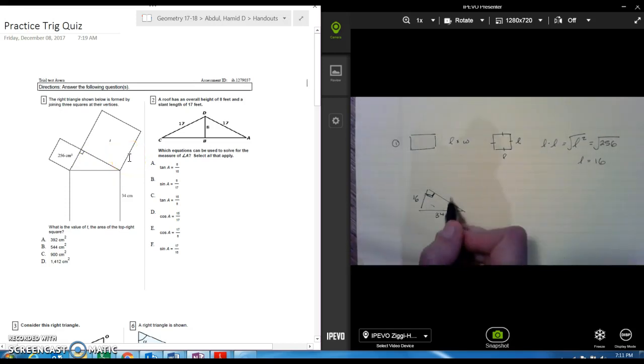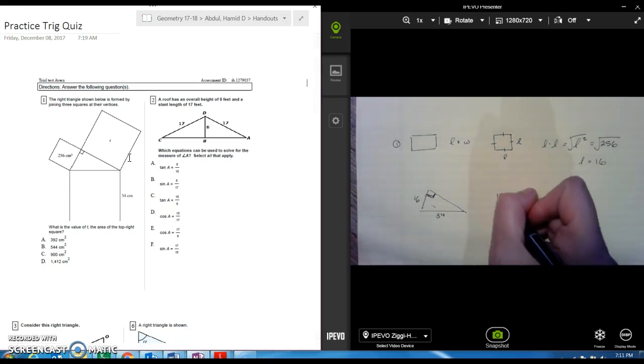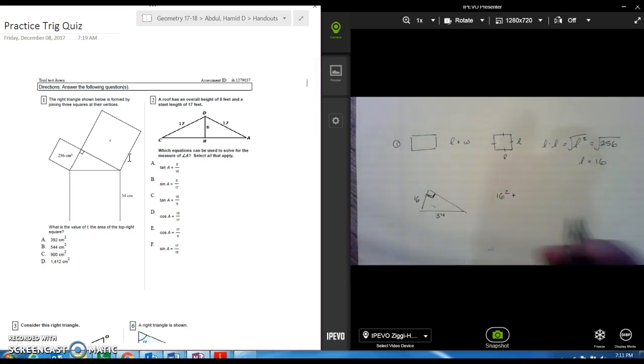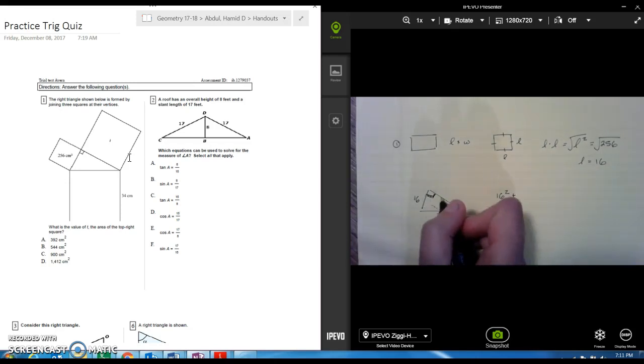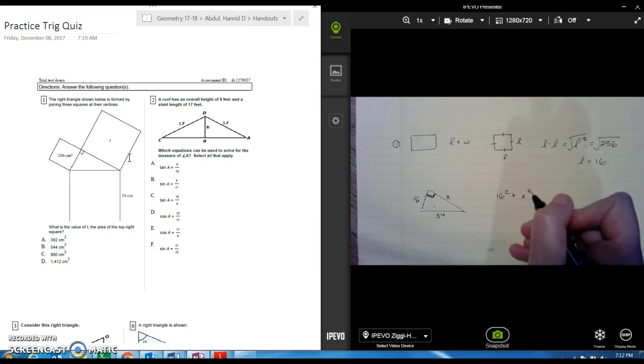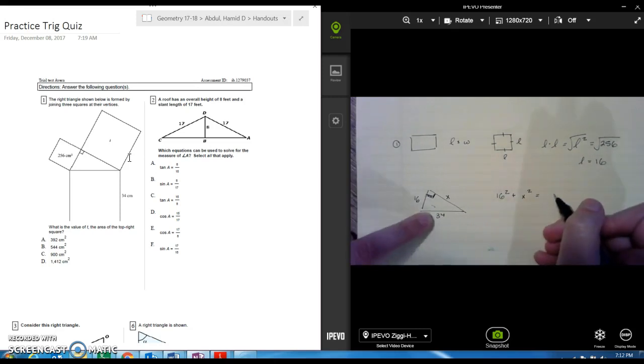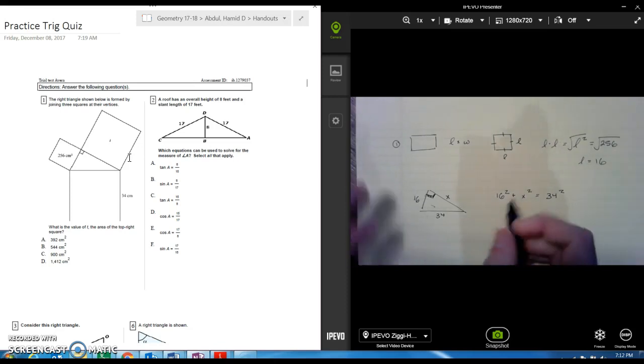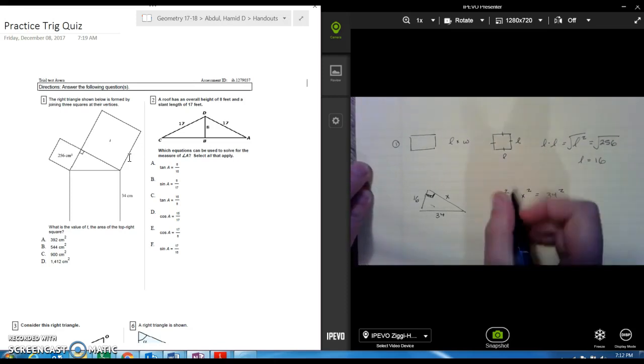So, this is a triangle. I just used the Pythagorean theorem. So 16 squared plus the other leg. Legs touch the right angle. This is a leg, so that is also a leg. So we're going to do plus x squared is equal to 34 squared. We know that 16 squared is 256 because we just went backwards.